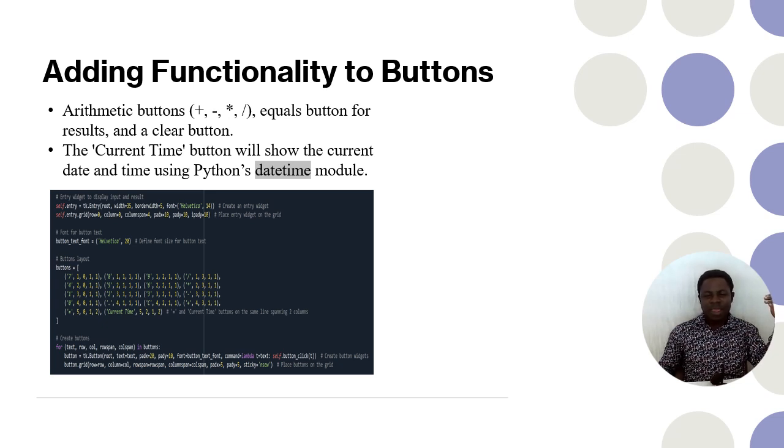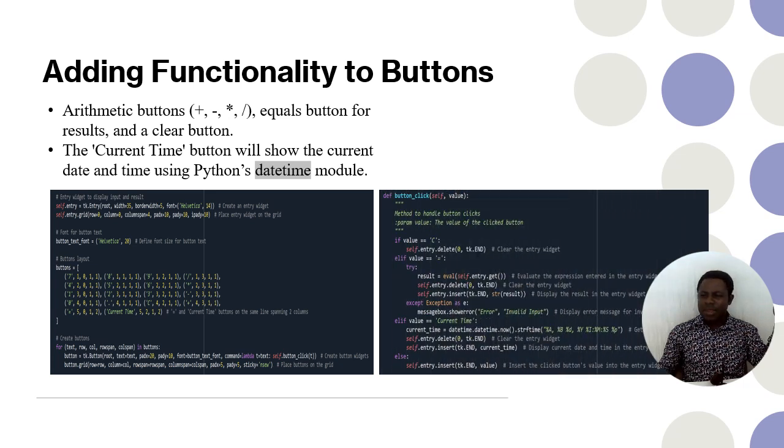Then I have 9, 6, 3 and the clear button, and finally I have the operators here. If you look at these other lines of code, this is where I did the major thing, and here I set my C in such a way that it can delete all the entries we have, and at the same time I have my date and time function.